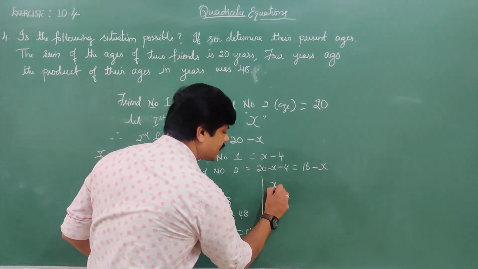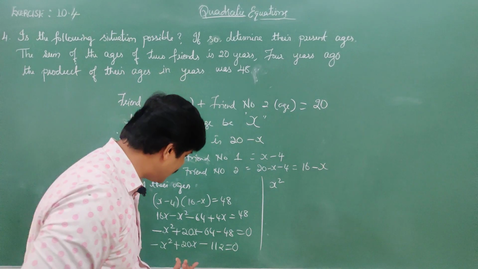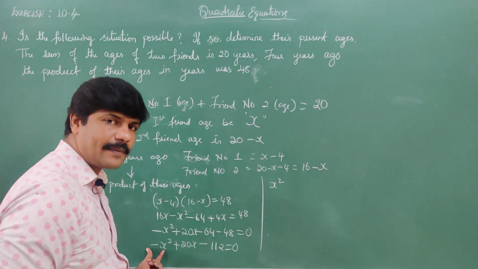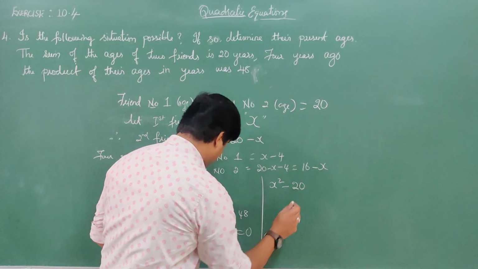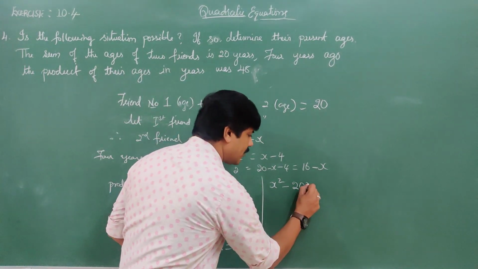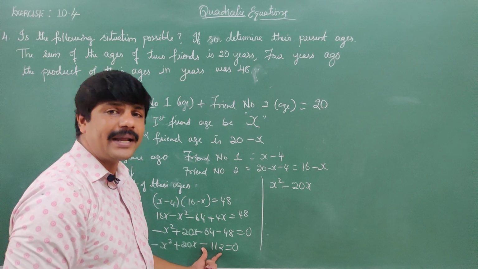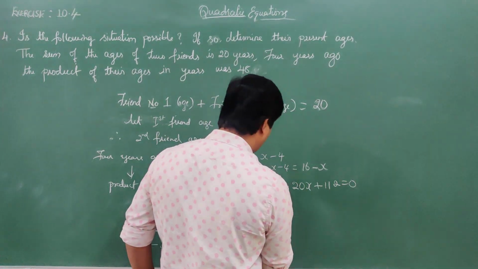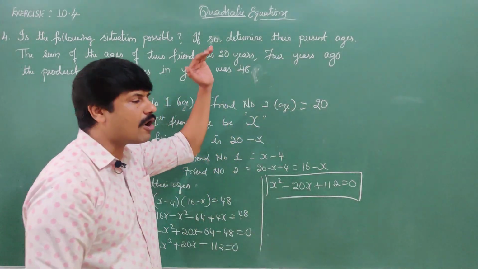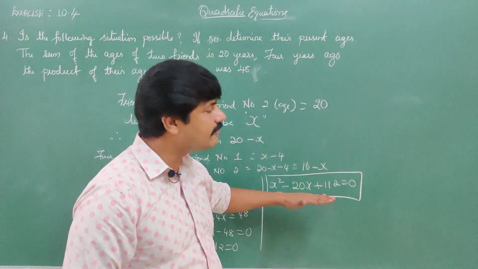Minus x square becomes plus x square, plus 20x becomes minus 20x, and minus 112 becomes plus 112 equals 0. We have brought this verbal form into the quadratic equation form.